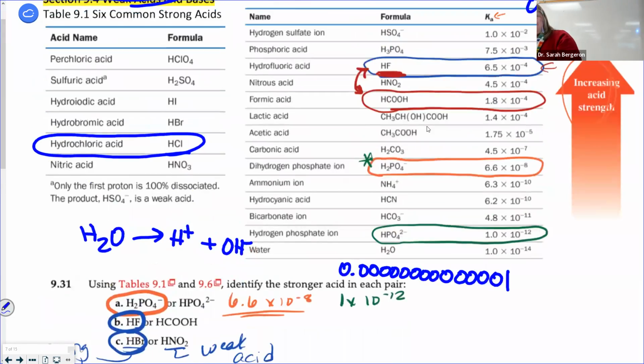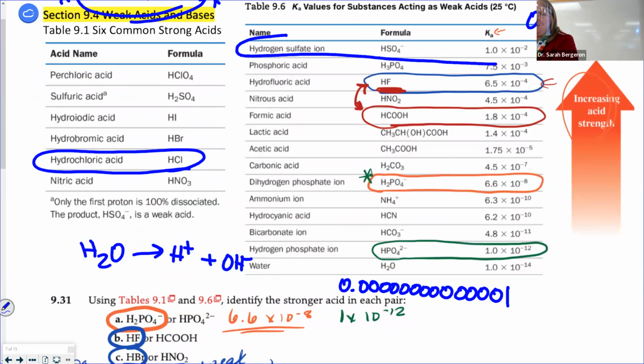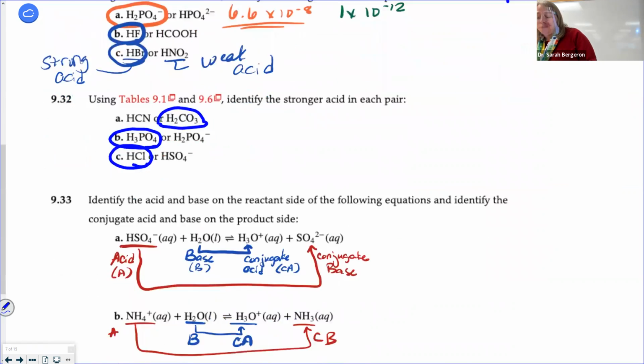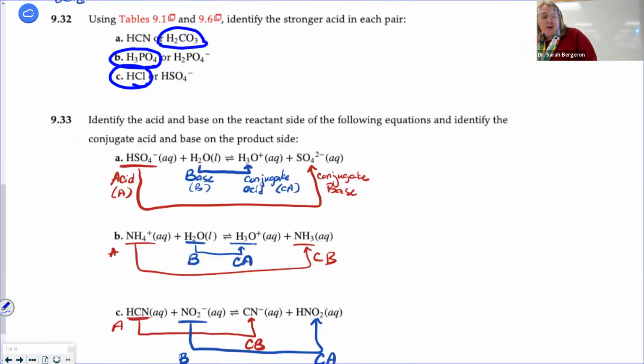HSO4 minus. So where's HSO4 minus? Right here. So what's stronger, a strong acid or the strongest weak acid? The strong acid. The strong acid trumps. You don't even have to compare anything. The strong trumps. Okay, not too bad.